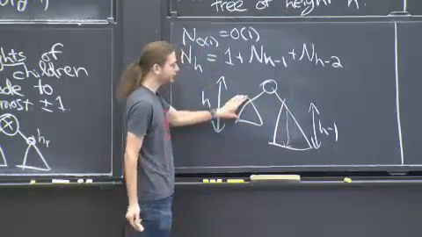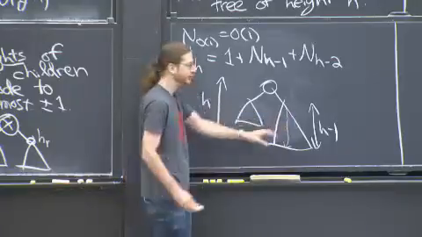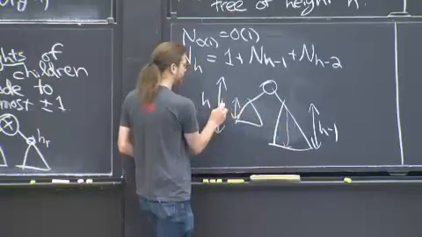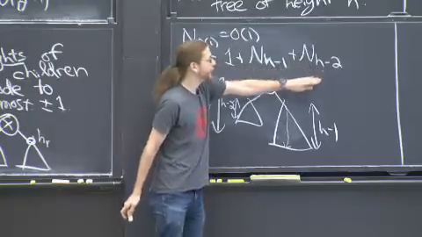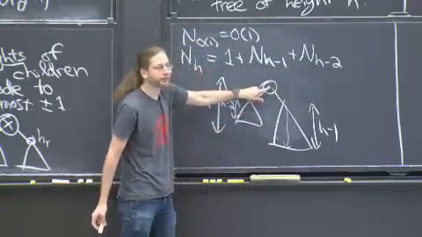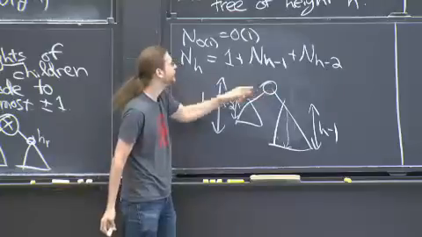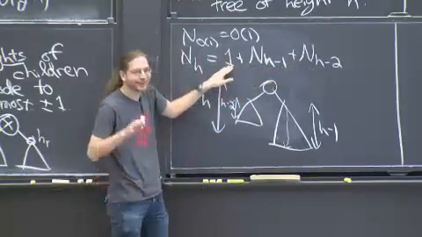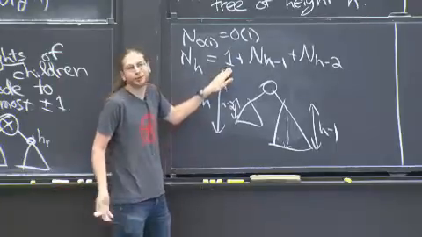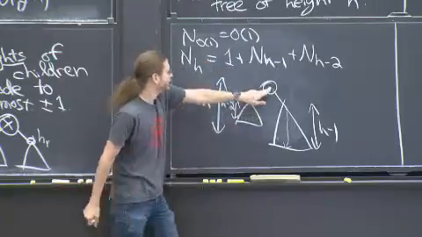What's the height of this? Well, it's 1 less than the height of this. So it's going to be h minus 2. This is where the n sub h minus 1 plus n sub h minus 2 come in. But there's also this node. Okay? It doesn't actually make a big difference in this recurrence. This is the exponential part. This is like an itty-bitty thing. But it matters for the base case is pretty much where it matters.